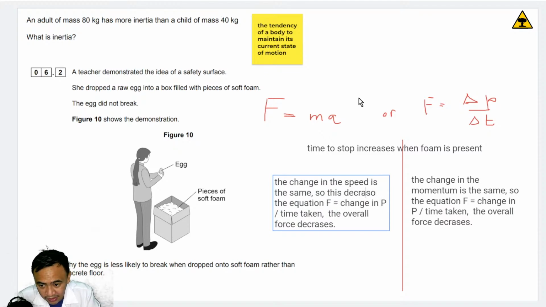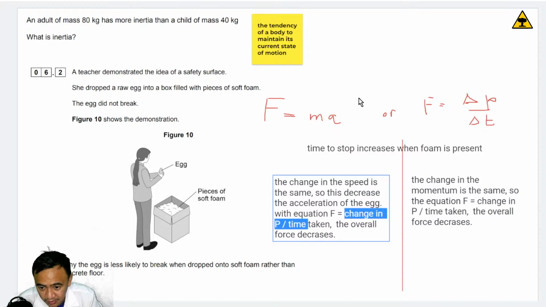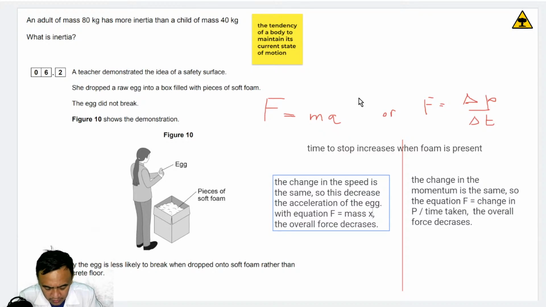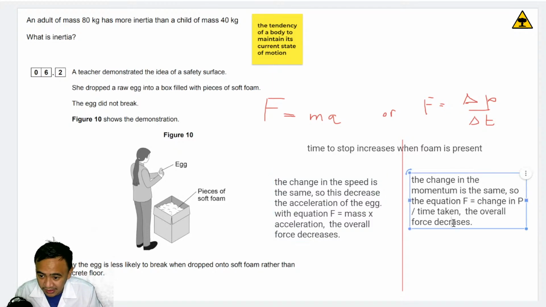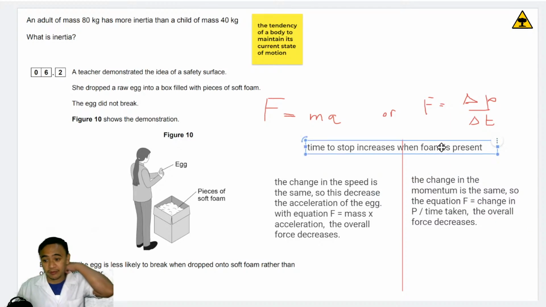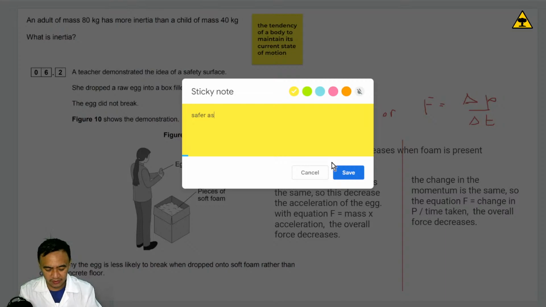This decreases the acceleration of the egg. With the equation F equals mass times acceleration, the overall force decreases. So again, these would be two possible answers. I think in this case, the safer answer is always the momentum version. This is the safer answer here.